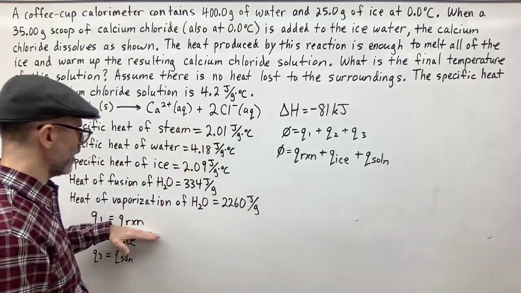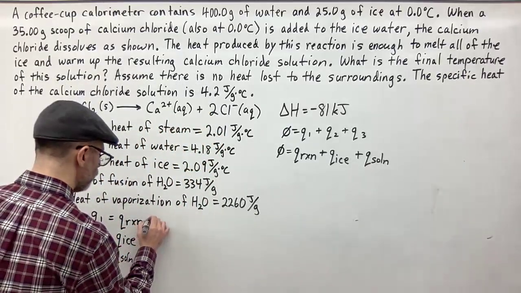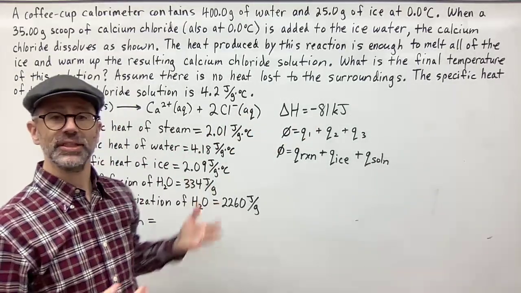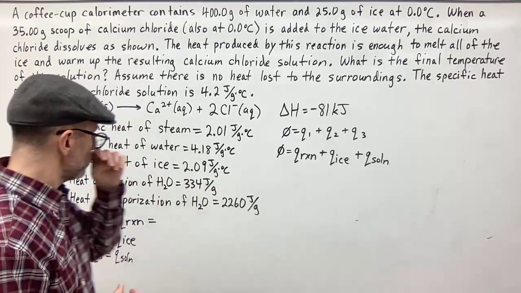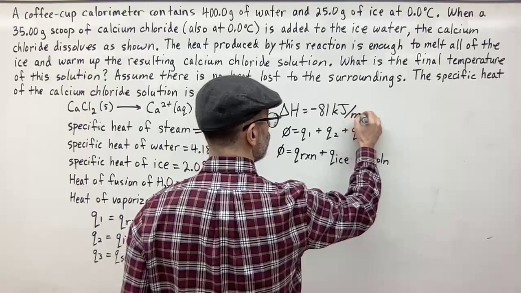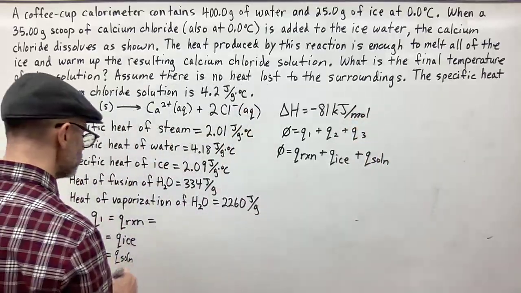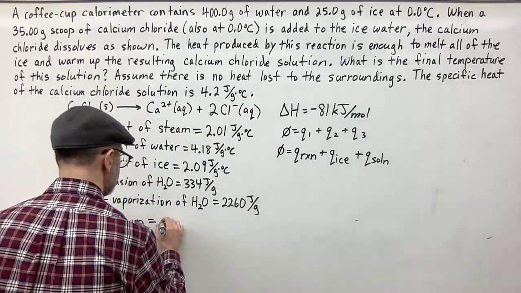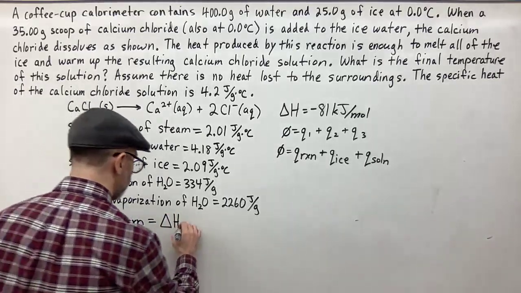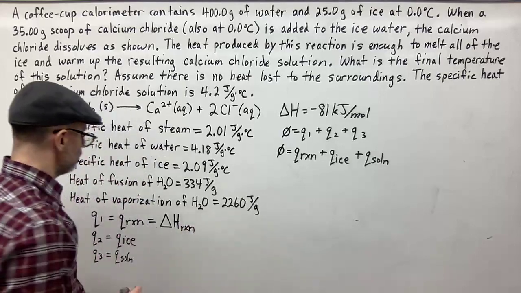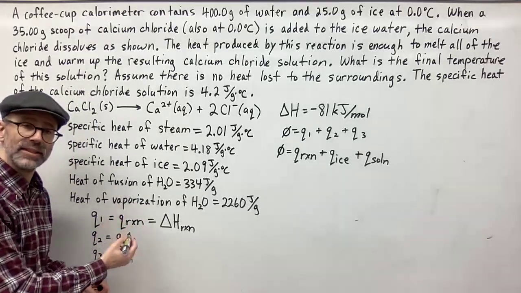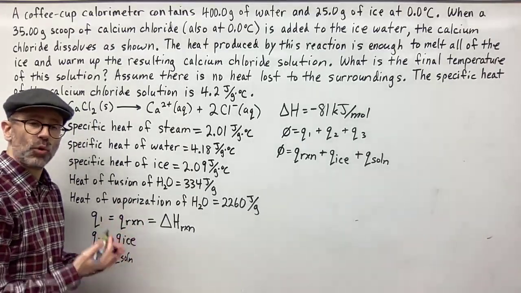Okay, so Q of the reaction. Notice I have the heat of the reaction here, but this is per mole, right? So delta H of the reaction is per mole, but Q of the reaction is going to be the heat released, which is going to be joules or kilojoules.